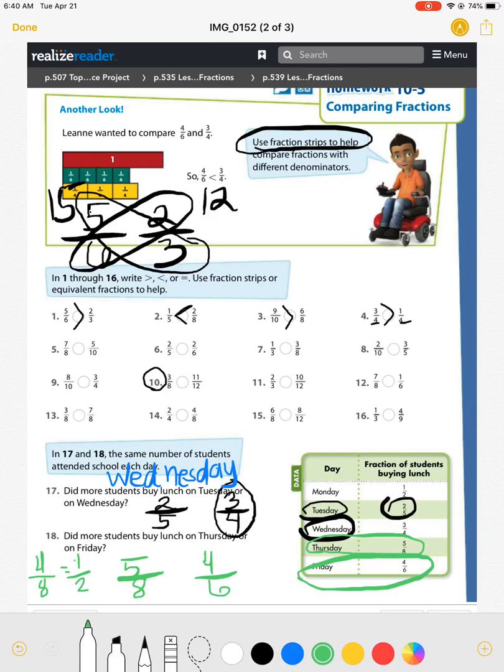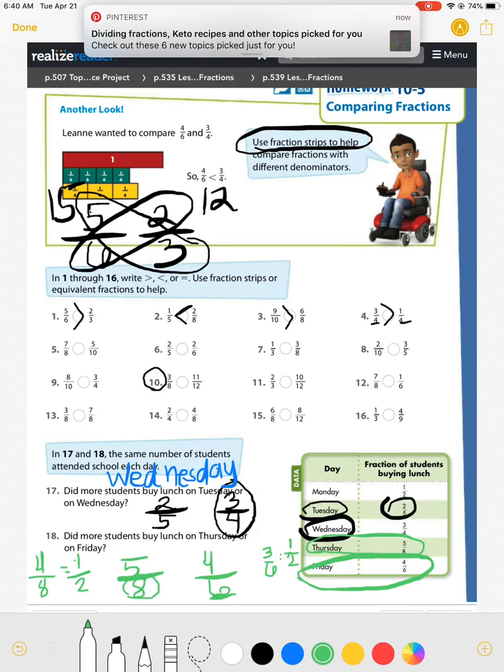Now 4/6. What is half of our denominator 6? Half of 6 would be 3. So 3/6 is equal to 1/2. So these are both a little bit more than 1/2. But let's see, remember, the bigger the denominator, the smaller the piece.